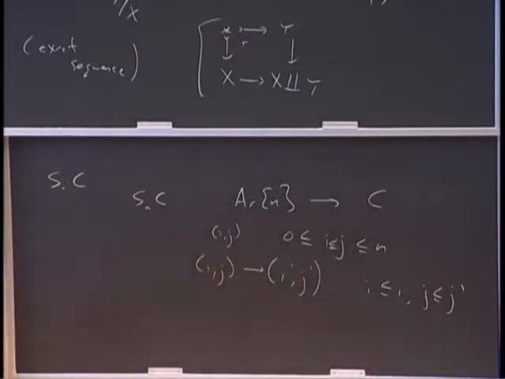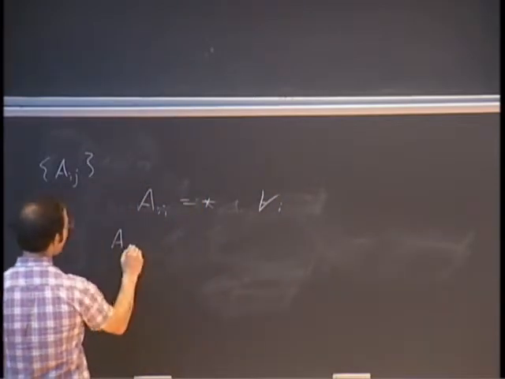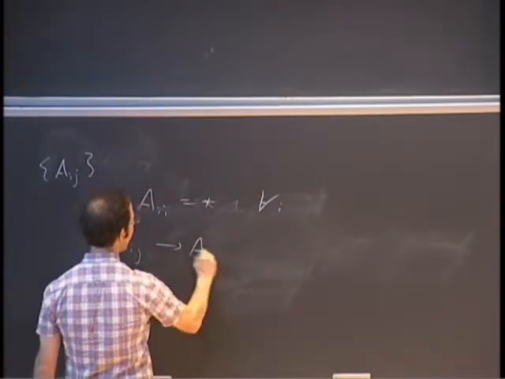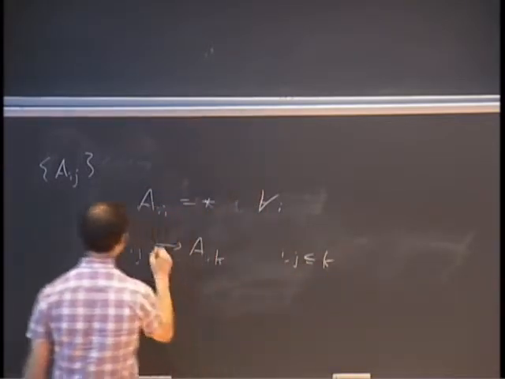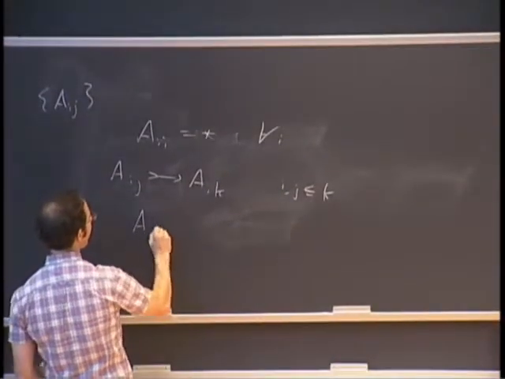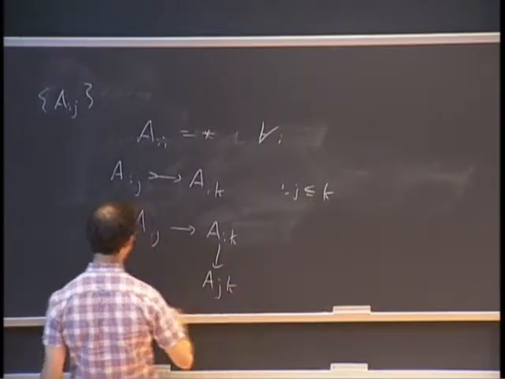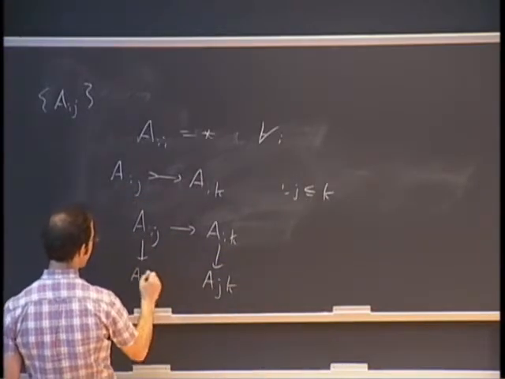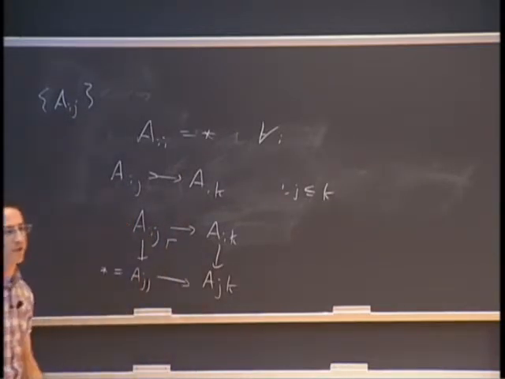Okay, cool. Sorry about that. OK, so we want A_ii to be equal to a point for all i. I want that the maps A_ij to A_ik for i, j less than or equal to k, I want these maps to be cofibrations. And I want the squares A_ij to A_ik, to A_jk, and this goes to A_jj, which is equal to a point. So I want this to be a homotopy cofiber sequence.